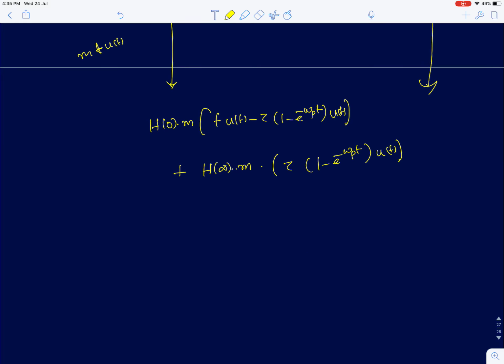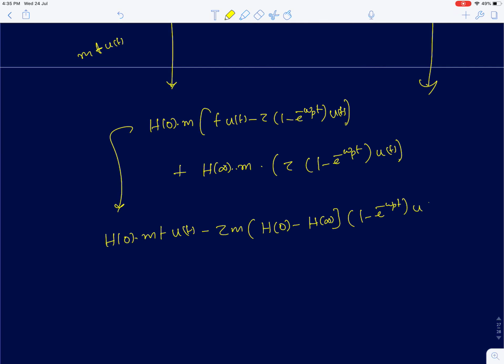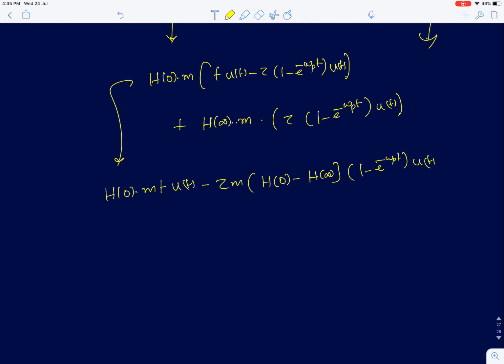Now I'll rewrite this expression. This expression can be rewritten as h of 0 into m into t into u of t minus tau m into h of 0 minus h of infinity into 1 minus e power minus omega pt into u of t. Now this term was the same as a first order low pass filter, but this term is different.